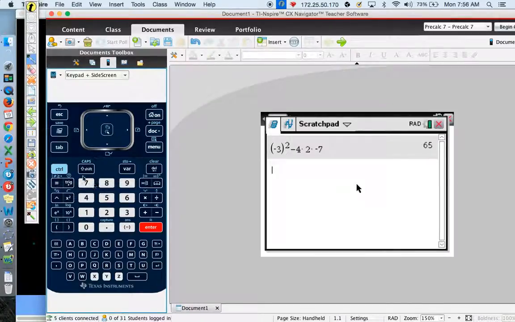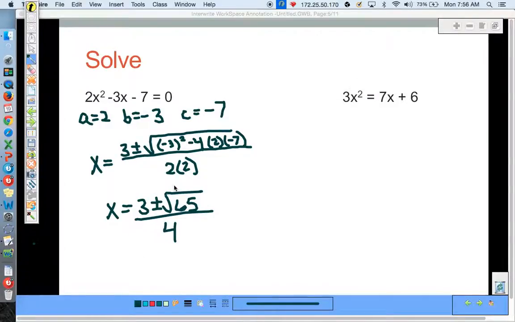And let's see on this calculator, if we were to type that in, you can't put plus or minus, so the square root of negative 3 squared minus 4 times 2 times negative 7 all over 2 times 2. And it gives you that as a decimal. So if you wanted the exact answer, it would be here.